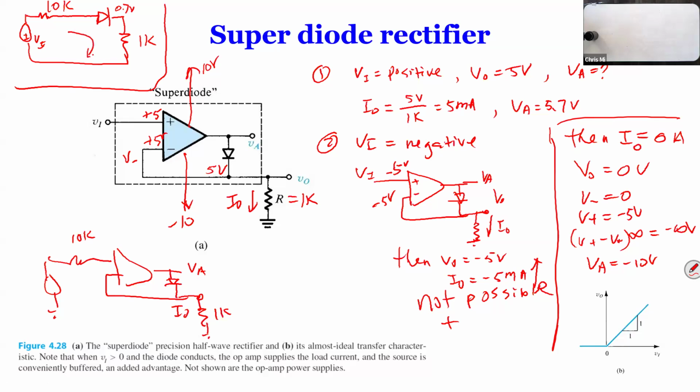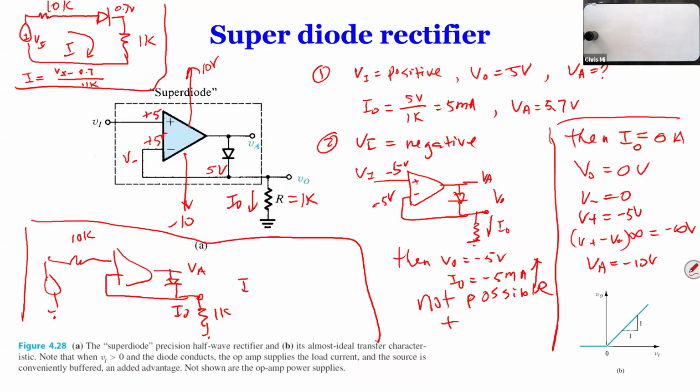I guess I can use current as an example. In the top case, the current you get is (VI minus 0.7) divided by 11K. For the bottom one, how much current do you get? It's basically VI divided by 1K.